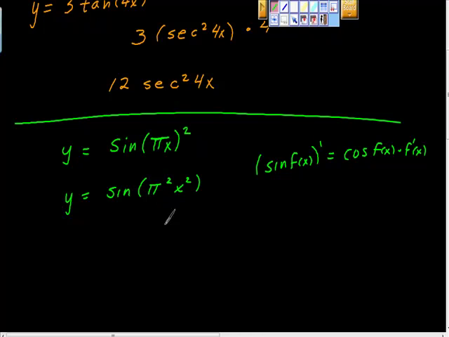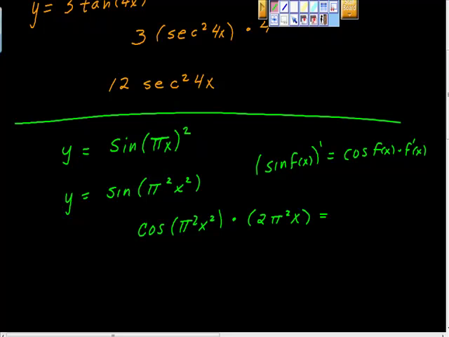So just to do that first, we'll get cosine pi squared x squared, and then times the derivative of the inside, which is, be careful here because you're not going to take the derivative of pi. This is not a variable. This is a constant value. So it's going to be 2 pi squared x. And just so you know, this 2 right here came from this 2 as I brought it down to take that derivative, right?